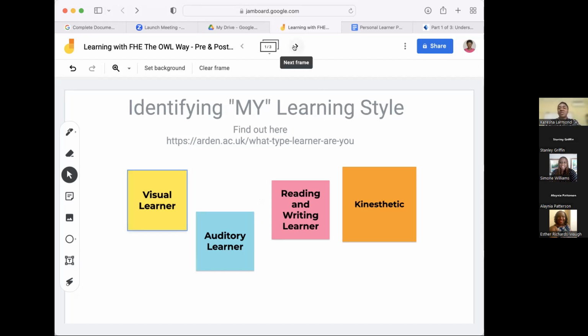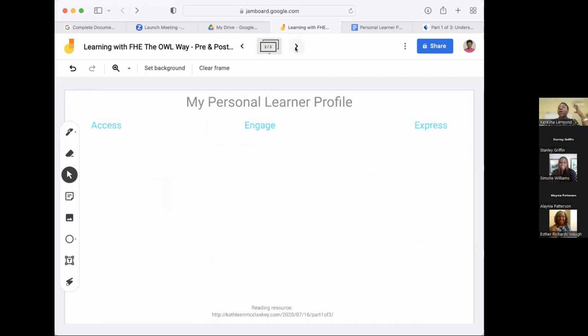And so that's going to lead us to our personal learner profile, right? When we're talking about learner profiles, learner profiles are really where a lecturer or a teacher looks at the different ways in which his or her students learn and tailors the material to engaging students in that way, right?